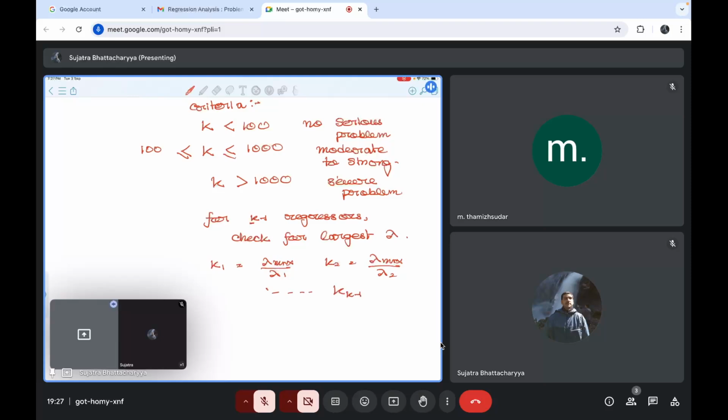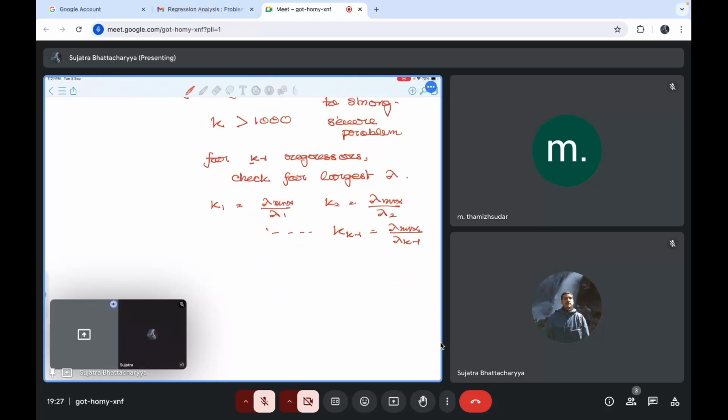Kappa k minus 1 is lambda max divided by lambda k minus 1. These are the condition indices.